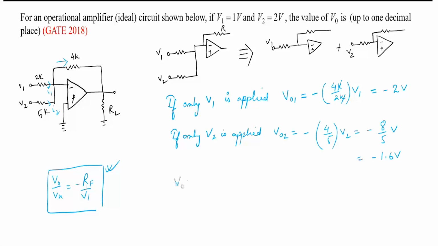So what is the net output? V naught 1 plus V naught 2. So it will be minus 2 volt plus minus 1.6 volt. It is minus 3.6 volt. This is the answer.